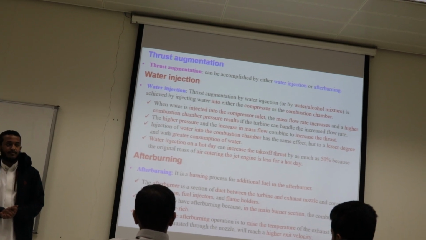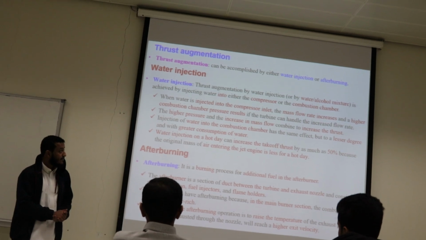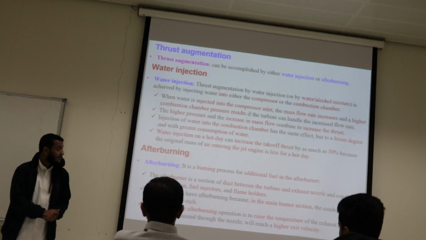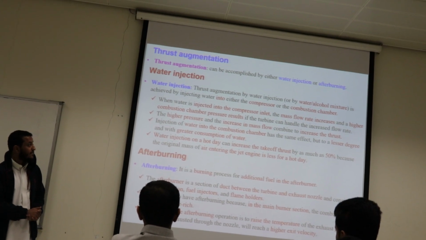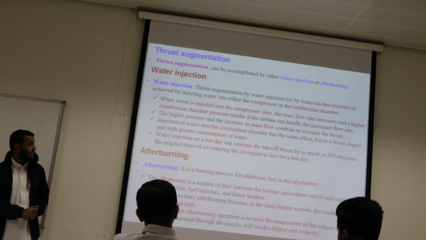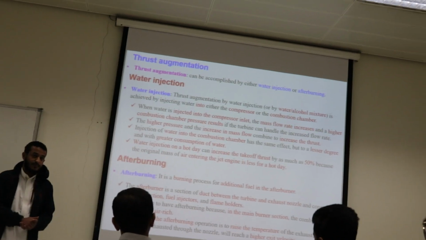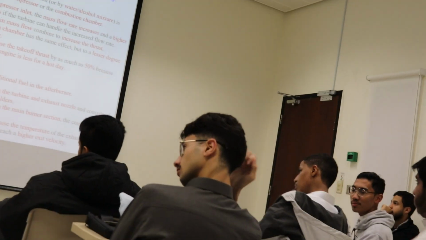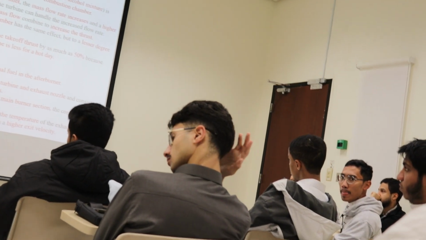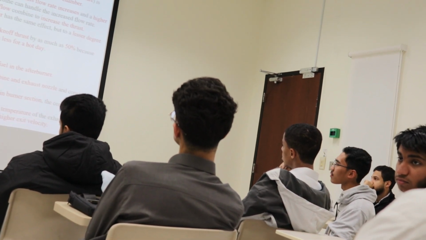When injecting the water, we have two places where we can do this injection: either at the inlet of the compressor or at the inlet of the combustion chamber. We said the one that is better is what? At the inlet of the compressor. Why is that? Because we need more water in the combustion chamber. Of course, we'll need more water there because we are injecting at high temperature, so the water would flash and I would need to inject more water.